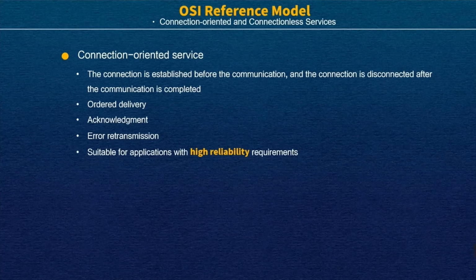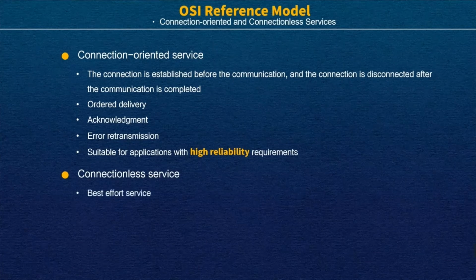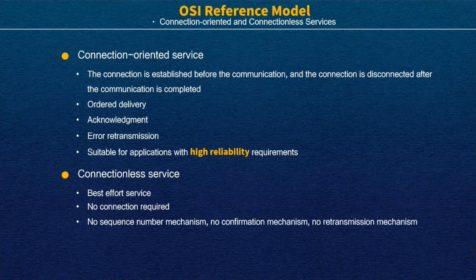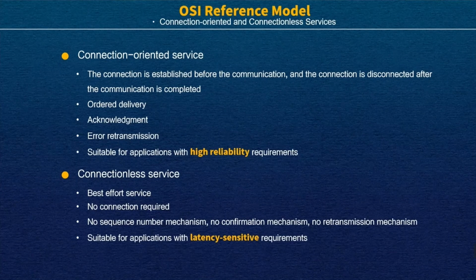That means this is a best-effort service, with no connection required, no sequence number mechanism, no confirmation mechanism, no mechanism at all. So this is suitable for applications with latency-sensitive requirements. That means if you hope the transmission can be finished as soon as possible, you can choose this service. But my suggestion is, if your network is reliable enough, you can use this service.